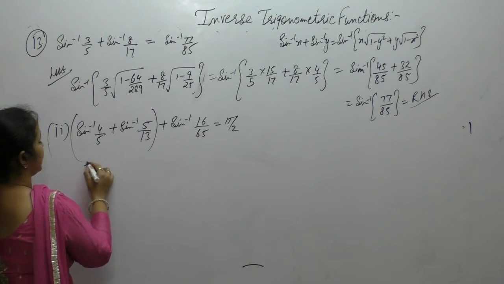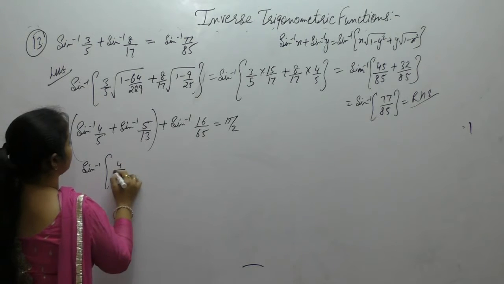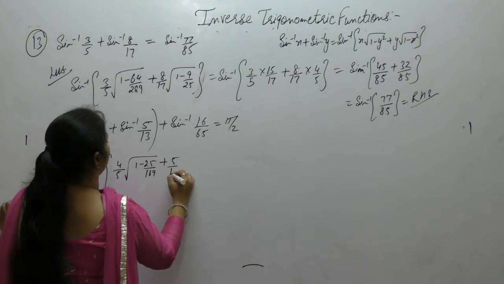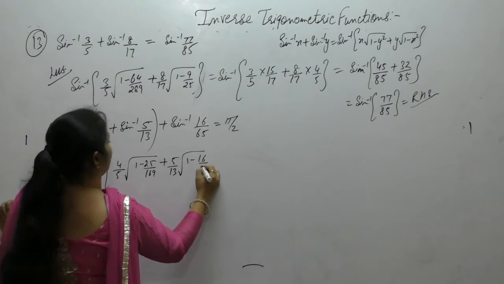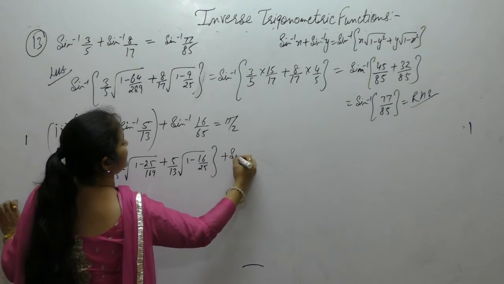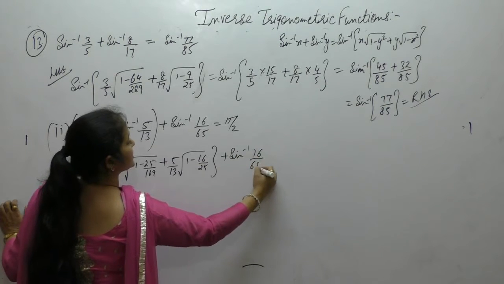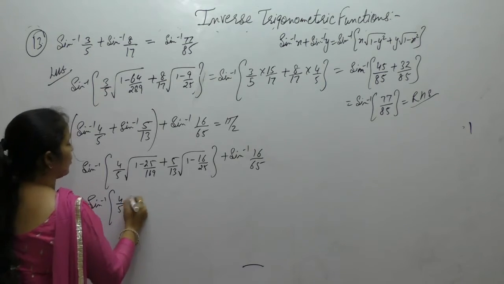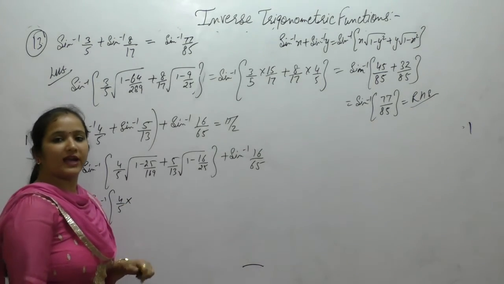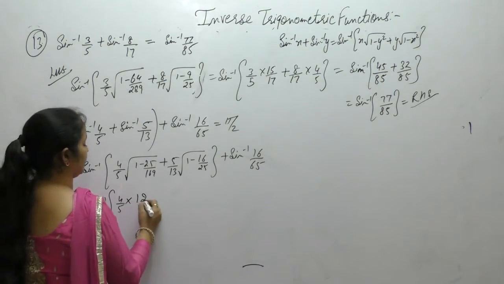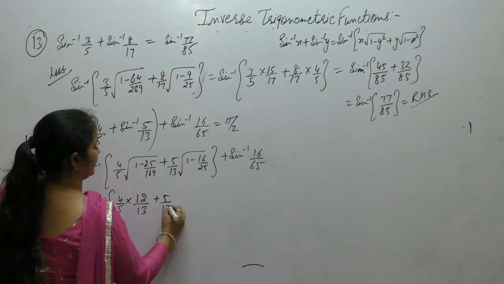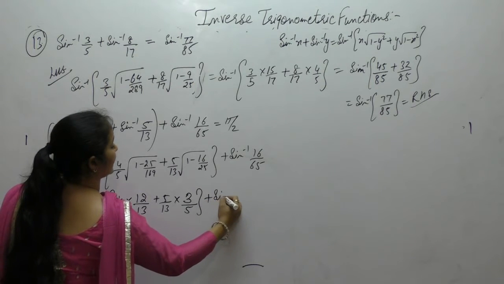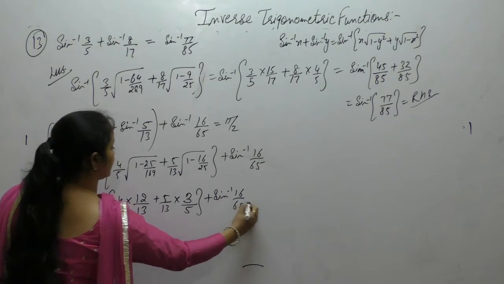Sin inverse x plus sin inverse y, x into square root of 1 minus y square plus y into square root of 1 minus x square, plus sin inverse 16 upon 65. So sin inverse 4 by 5, 169 minus 25, 144 square root of that, plus 5 by 13, 25 minus 9, square root of 9, plus sin inverse 16 by 65.